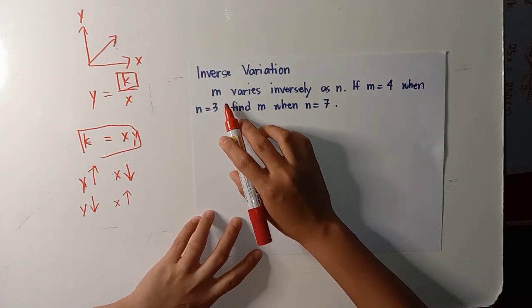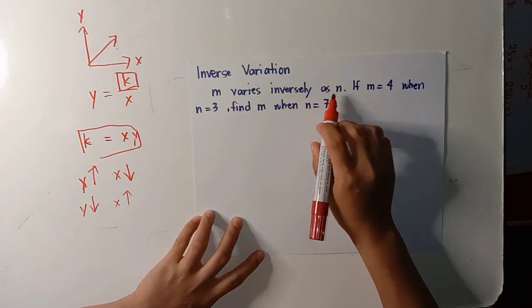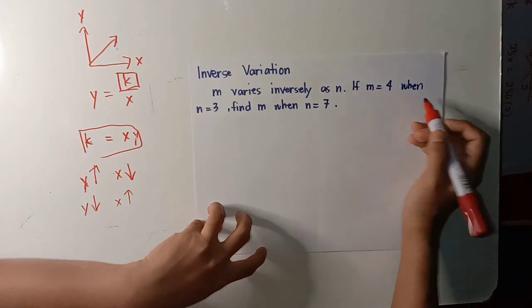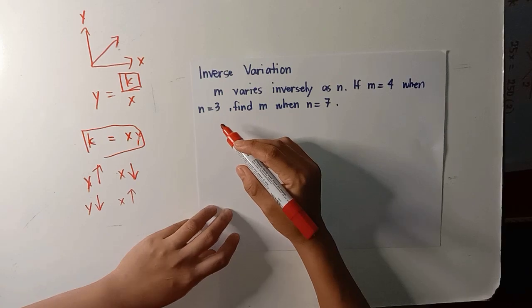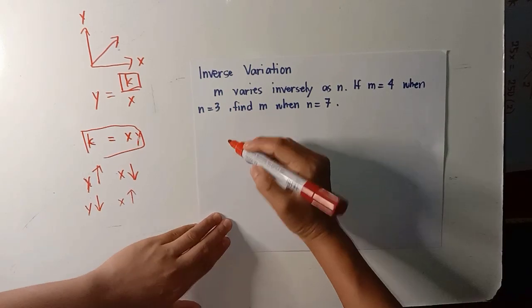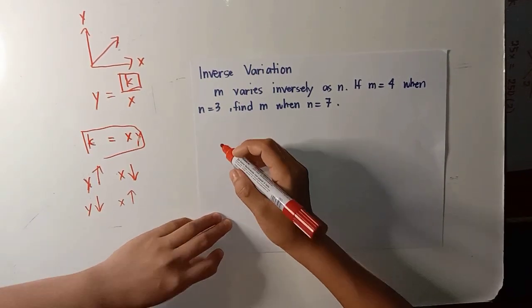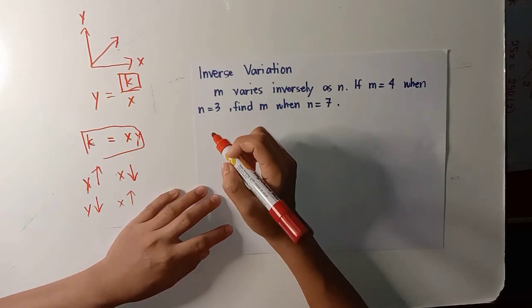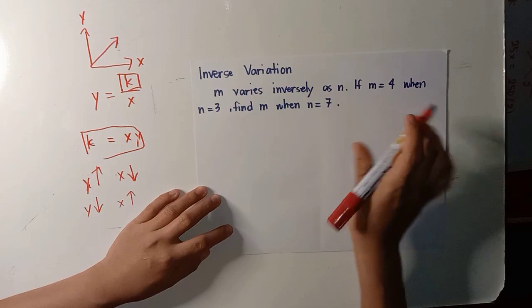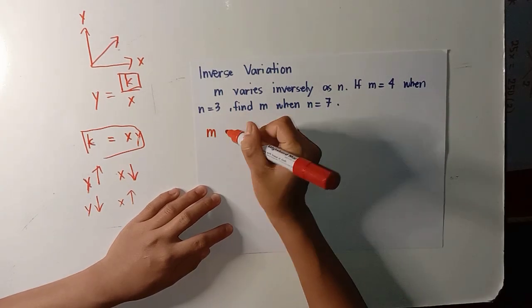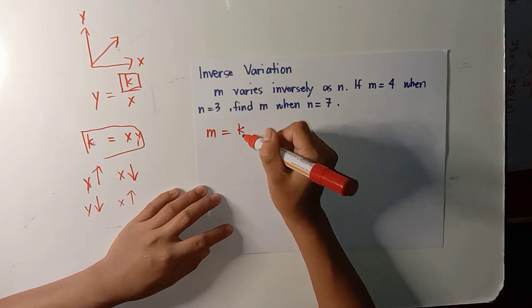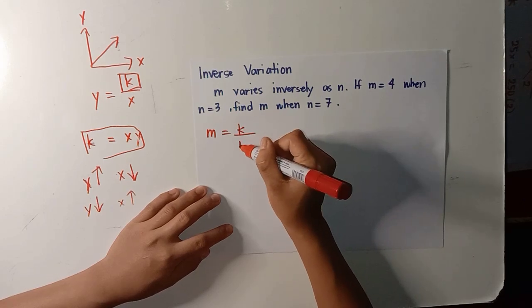In this problem, m varies inversely as n. If m equals 4 when n is 3, find m when n is 7. The first thing that we will do is to set up an equation. So m equals k over n.